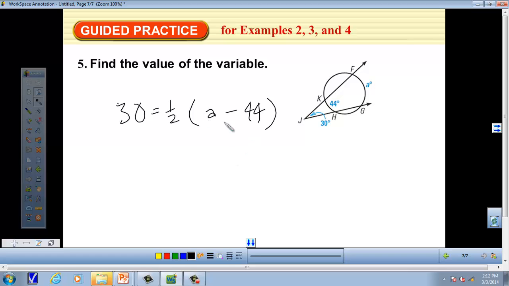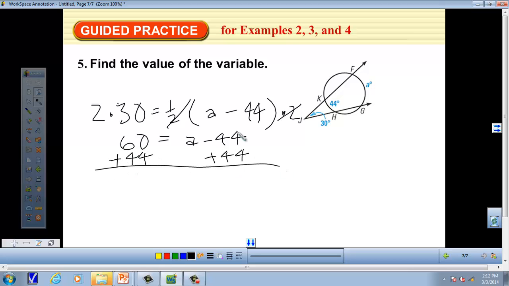Again, don't want to deal with the half, so I'm going to go ahead and multiply by 2 right now. Half of 2 is 1. Over here we get 60, and we get A minus 44. Adding 44 to both sides, those cancel, and A is equal to 104. So this arc right here ends up being 104.